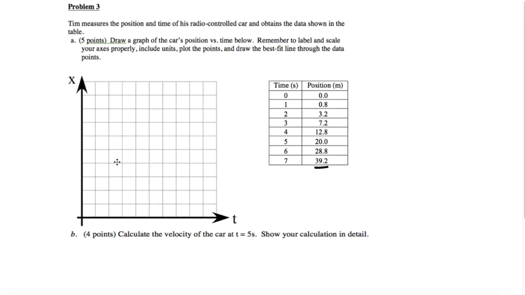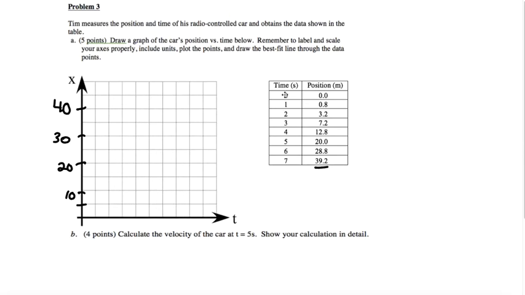So looking at what I have, what I'm going to do is treat each box as 5. So this would be 5, but that would be 10, right? So this would be 20, 30, and 40. You don't have to use that same scale, but make sure you can fit the entire data on your graph there.